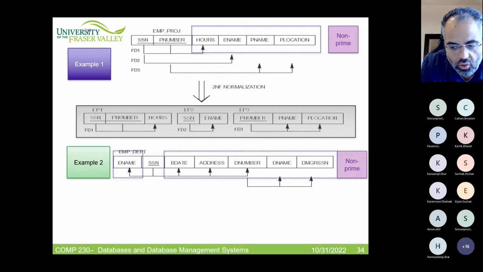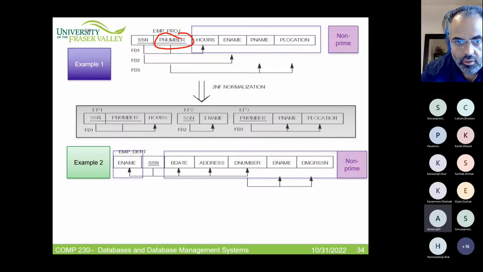There is no relationship between a part of the primary key and a non-primary attribute. Can you repeat that again? Yeah. There is no relationship between a part of the primary key and a non-primary attribute. Like here, in this case, P number is a part of the primary key. Is it correct? Yes. Because the primary key is two attributes here, this and this.